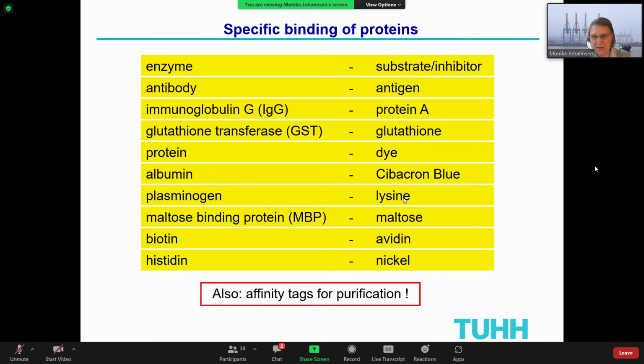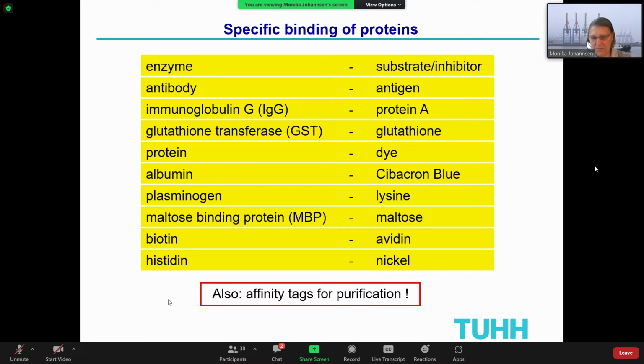The plasminogen-lysine complex, for example, histidine-nickel is also a possibility, and sometimes, if these parts of the molecules, these monomers, are not included in the protein, or at least not on the surface, then we could also add some tags.